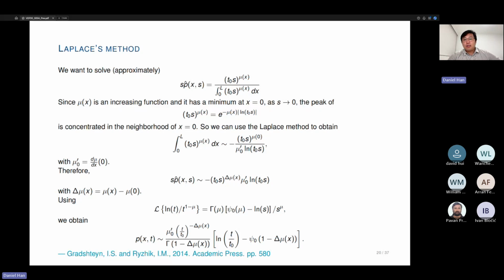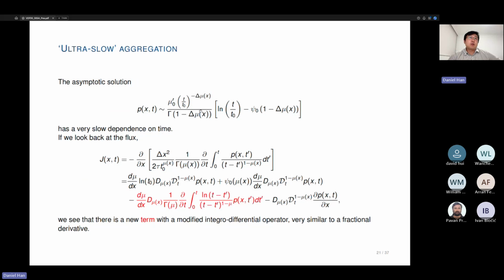With this calculation, what we should take note of, as I mentioned before, is that this asymptotic solution also has a very slow dependence on time with the introduction of this logarithmic factor inside the square brackets. If we look back at the flux, this logarithmic term is caused by the third term.